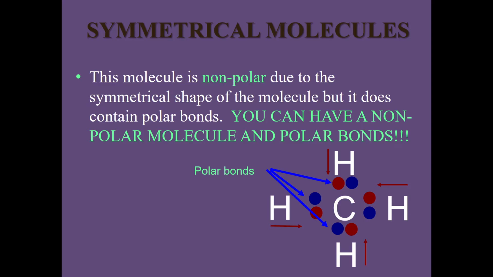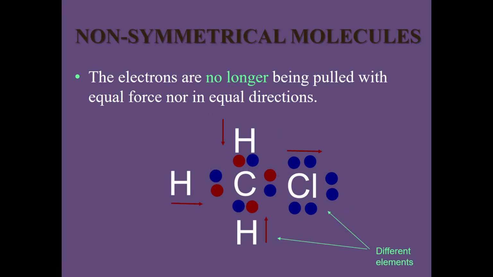The hydrogen is more positive. The carbon is more negative. However, because there's no way you can cut this to see different symmetries, no matter any way you cut this, it'll be a mirror reflection on the other side.